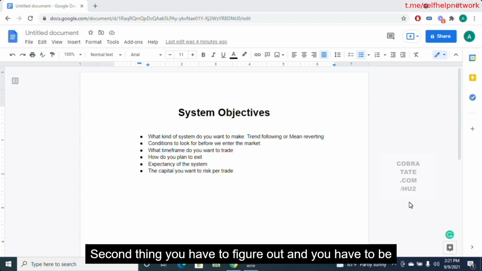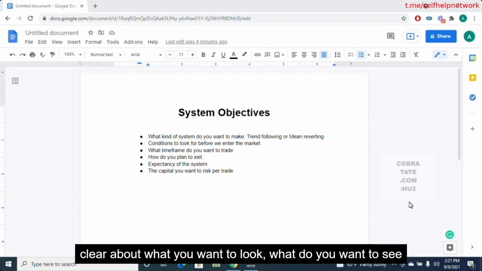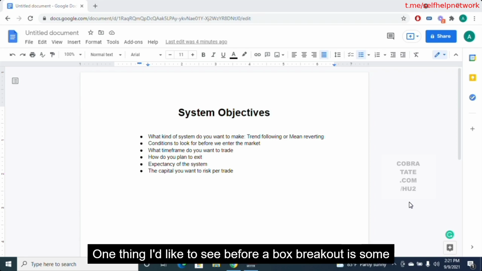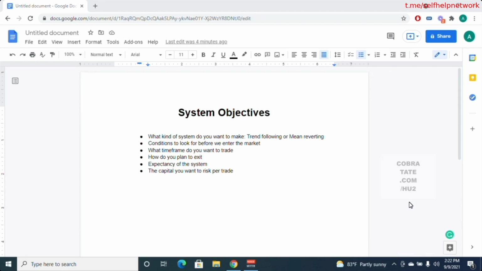Second, you have to be clear about what you want to see in the markets before you decide to enter. I'll give you an example. One thing I like to see before a box breakout is some sort of consolidation right at the edge of the box boundary. What that does is it reduces the chance of a breakout failure.